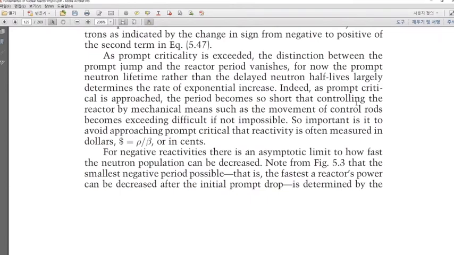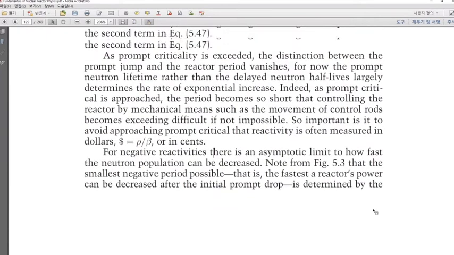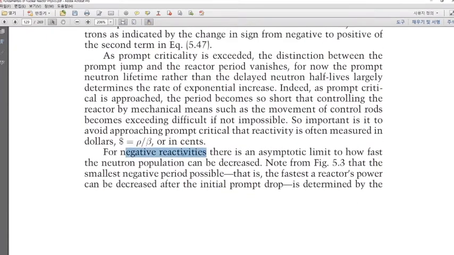And there's one more thing before we proceed. When reactivities have a negative value, there is some asymptotic limit to how fast the neutron population can be decreased.